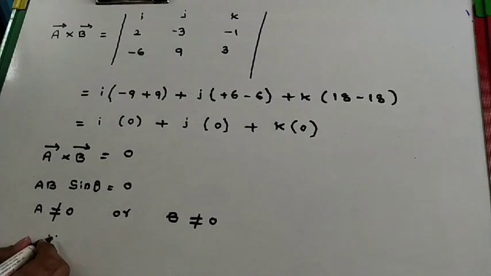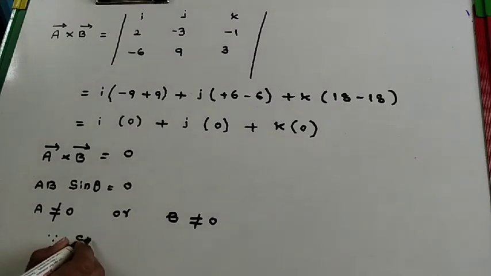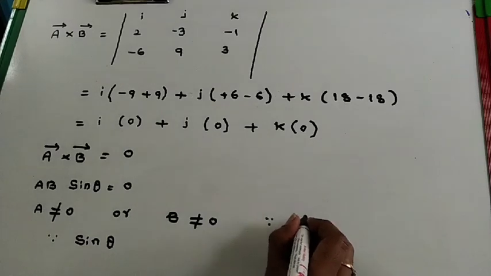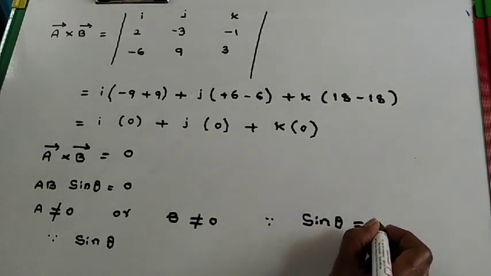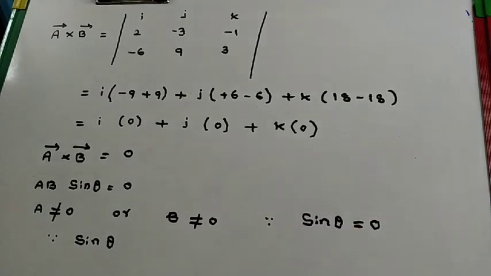Therefore, since sin theta is equal to 0, theta is equal to 0 degrees.